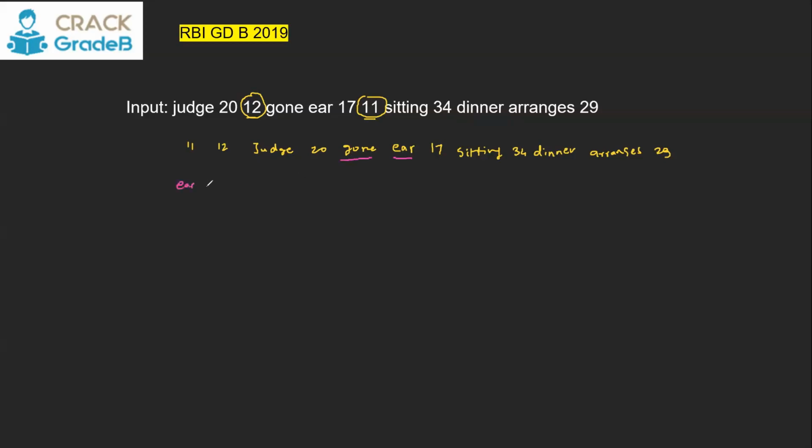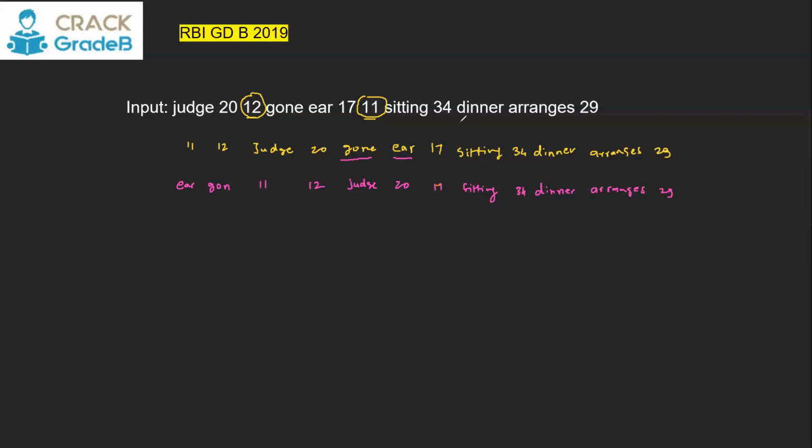So year will come here, gone will come here, then comes the 11, then comes the 12, then comes the judge, then comes 20, then comes 17, sitting, 34, dinner, arranges, and 29.